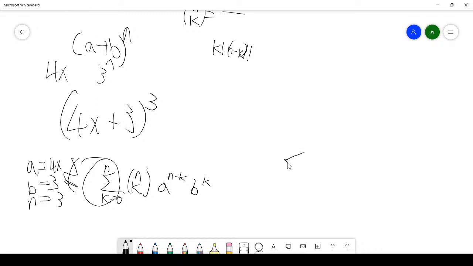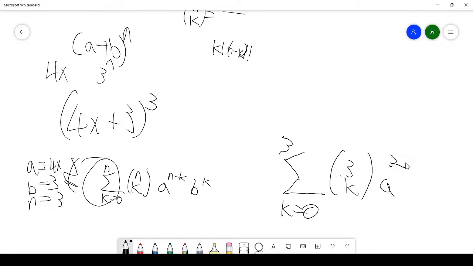Okay, it starts from 0. This is a given, and it goes until it hits 3. It is 3 choose k, a to the 3 minus k, b to the k.